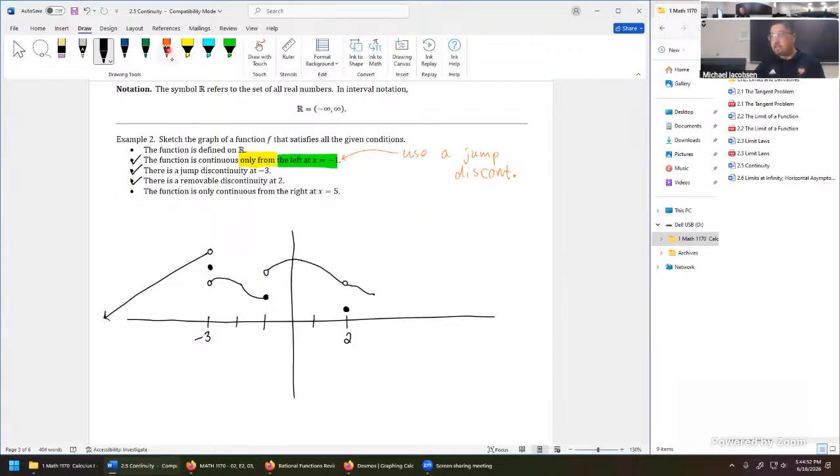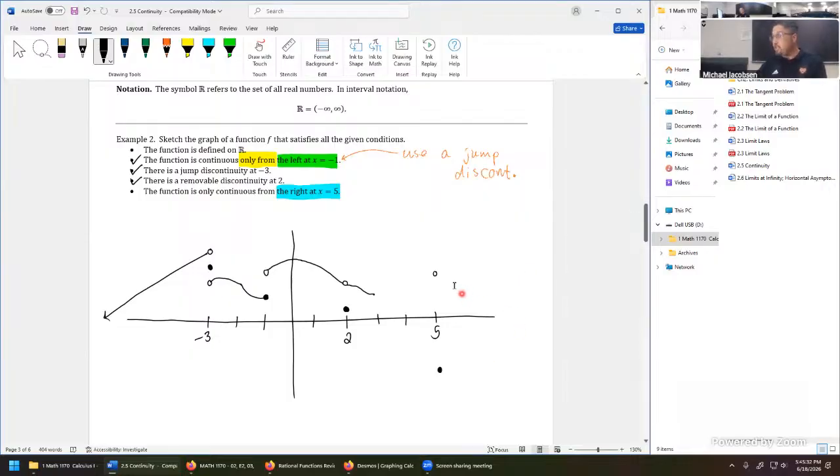Okay, last condition, we want continuity only from the right at x equals 5. So let's go 3, 4, 5. When we're looking at single-sided continuity, we make one open circle at any height you'd like, maybe something below the x-axis for just some variation. One is a solid dot. It doesn't matter which one is open, which one is solid, but what does matter is if we say continuity from the right, that means as we come in from the right, landing on the solid dot, we have to in fact land on the solid dot.